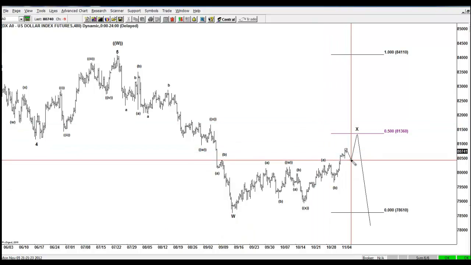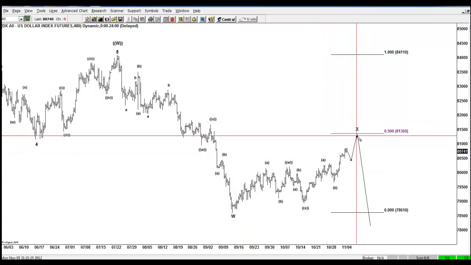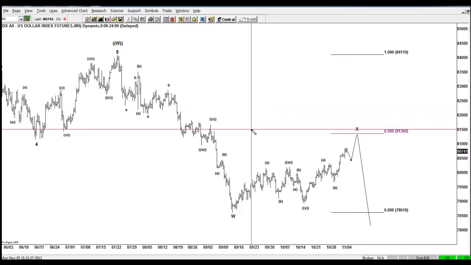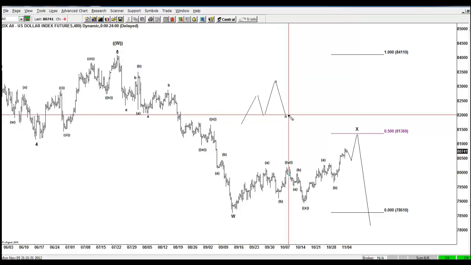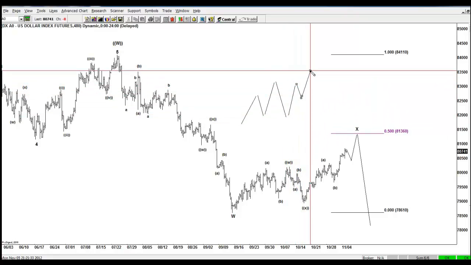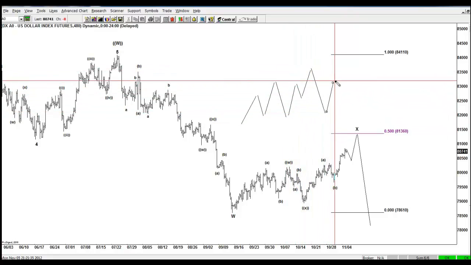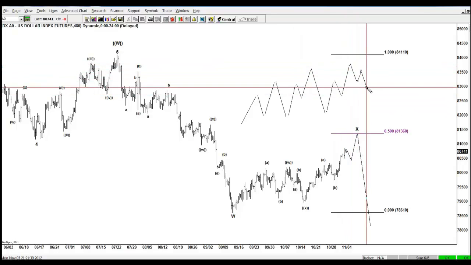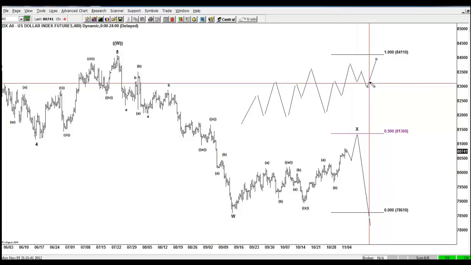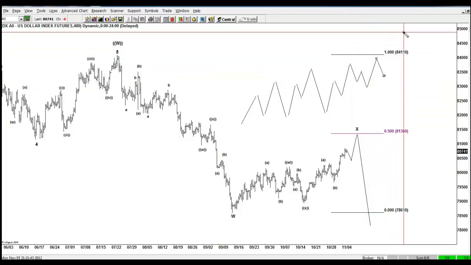All the dollar needs to do is something like this and the dollar should be done. Like I said early, in the seminar, the dollar did this. This is the move in the dollar. As of right now, we are here.